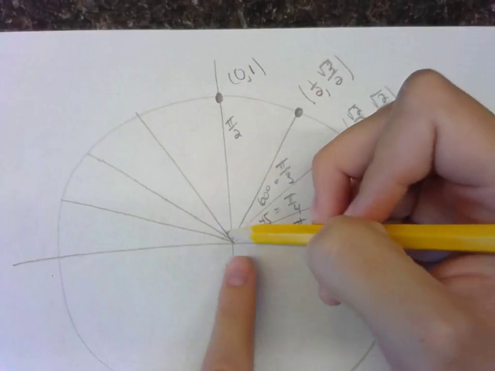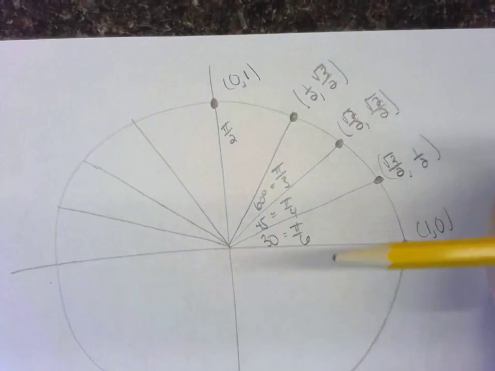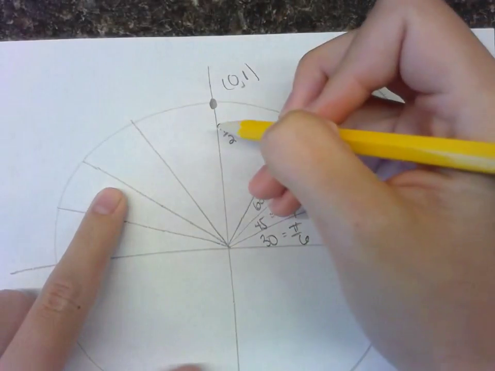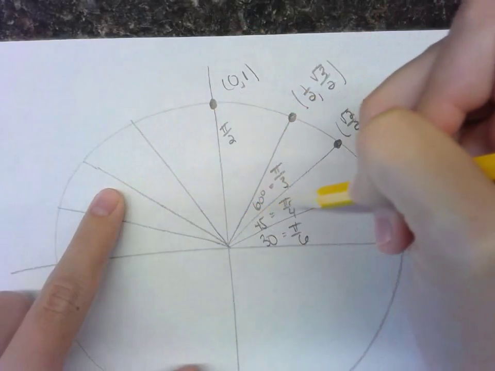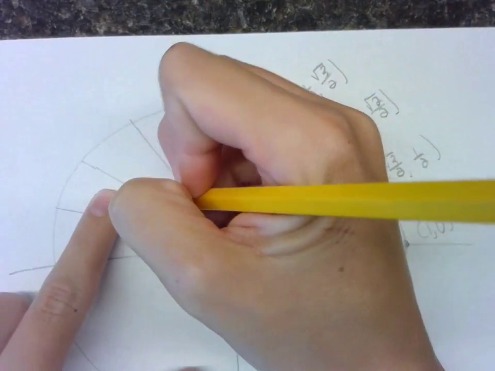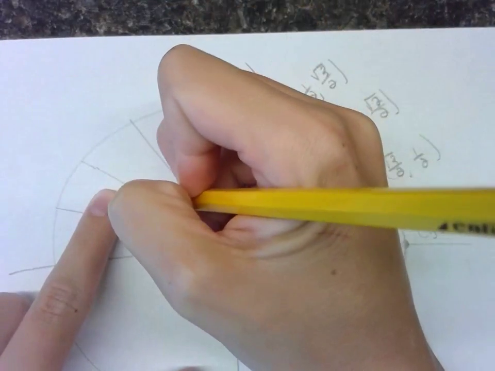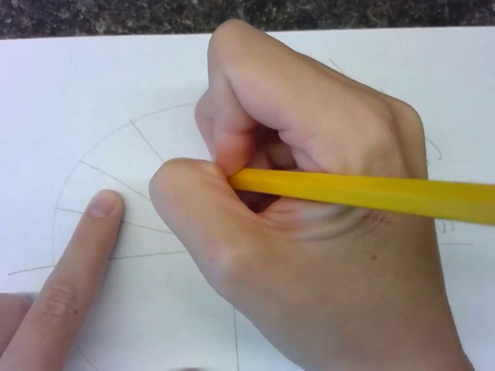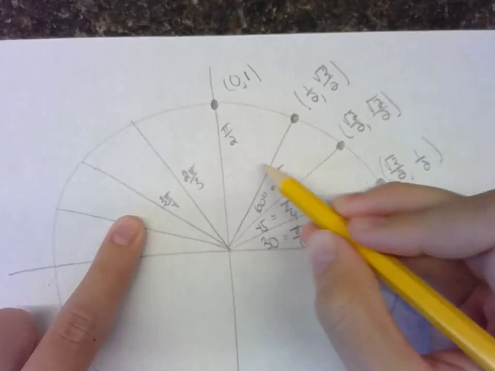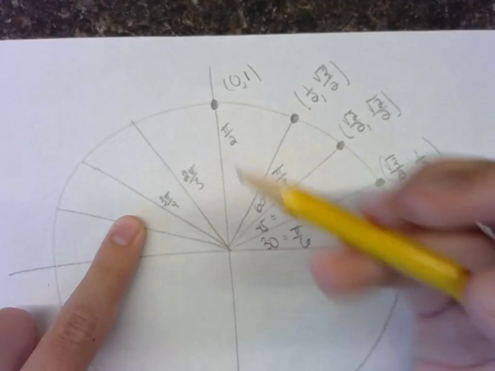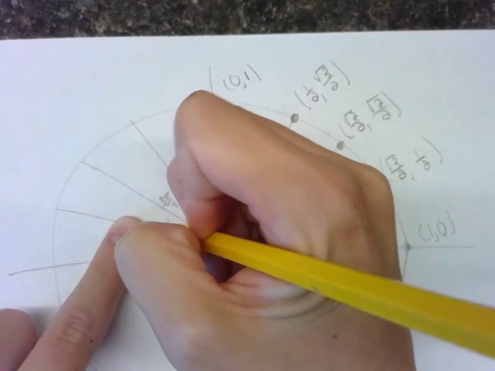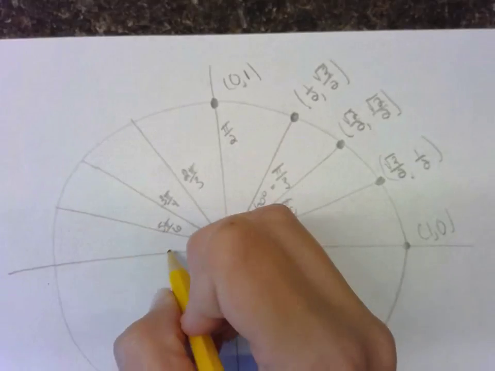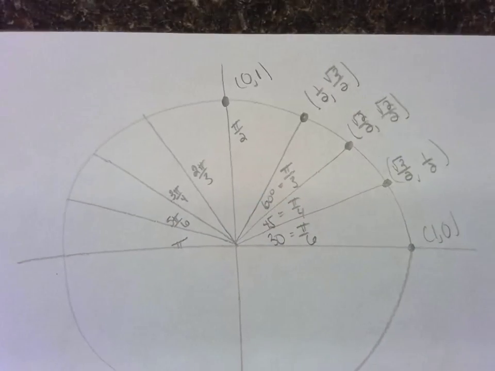So this angle, we can easily do, I'm going to do the middle one first. So this would be 3 pi over 4. This one would be 2 pi over 3, and then this one, so I'm just moving up here, would be 5 pi over 6. And then this angle is pi, or 180 degrees.